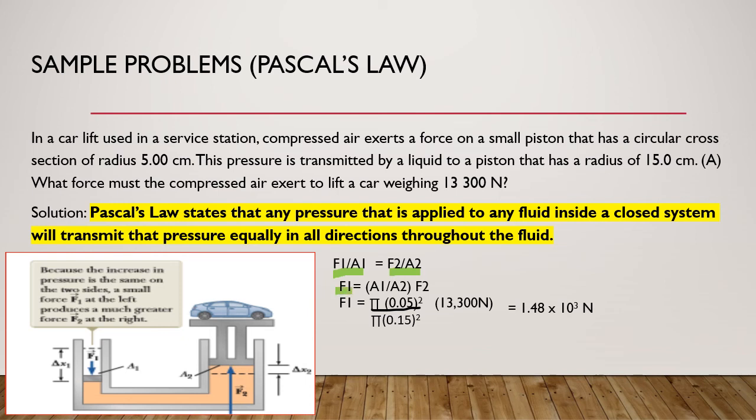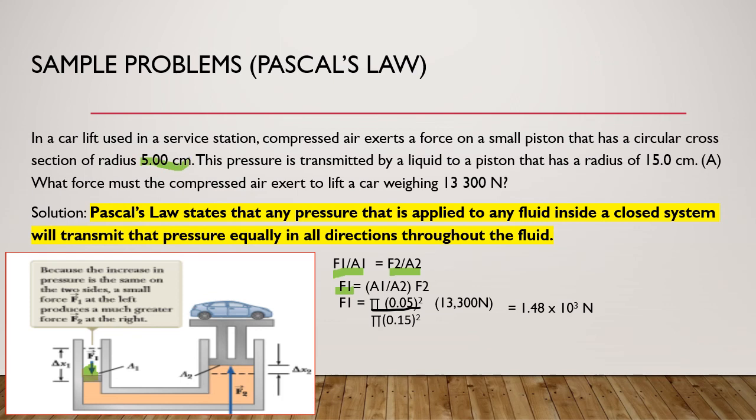Kunin natin yung F1 kasi yun ang tinatanong. Okay. Therefore, cross multiplication, A1 over A2 times F2. So, F1 is equal to pi times 0.05 squared. Ano yung 0.05?